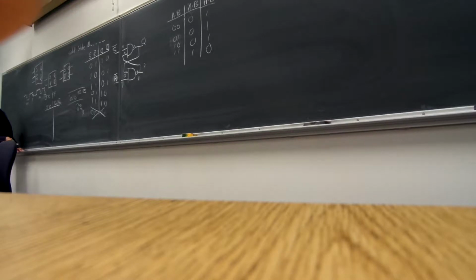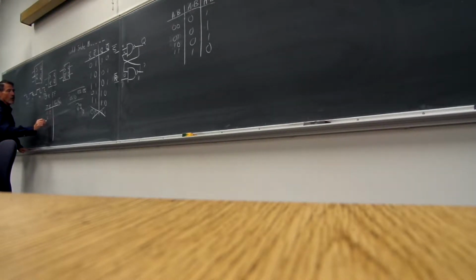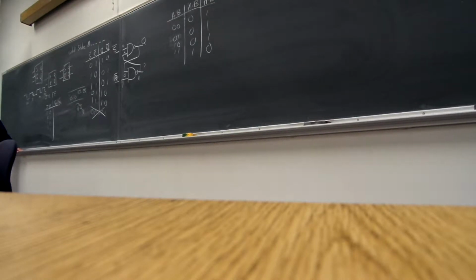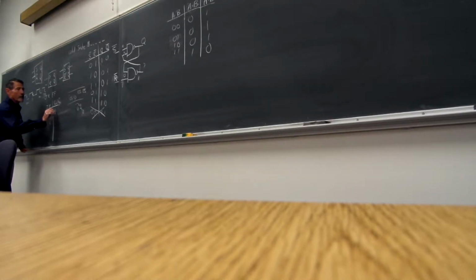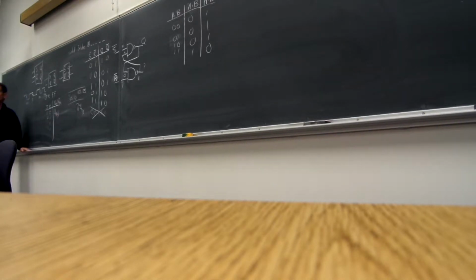So let's take a look at this thing. You go 0, 0, 0, 1, 1, 0, 1, 1. Okay. For 0, 0, I get out Qn, which is Qn minus 1.